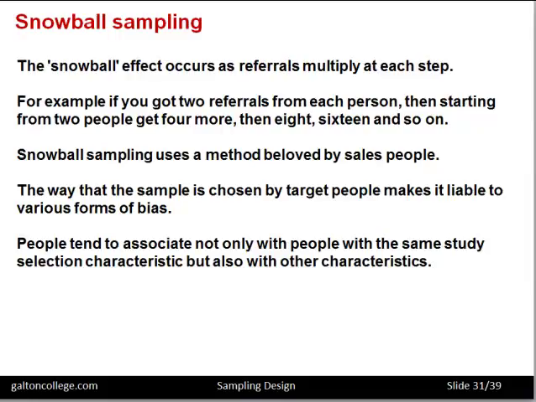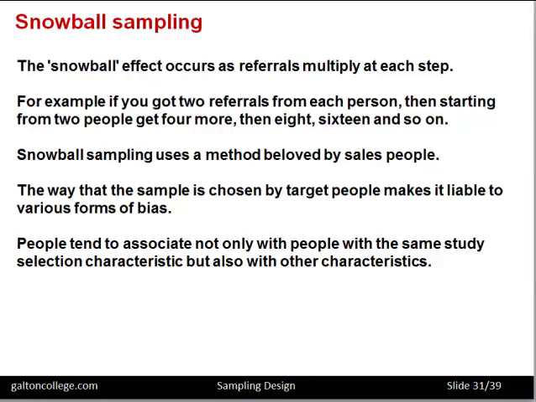People tend to associate not only with people with the same study selection characteristics, but also with other characteristics. It's possible that as the referrals go on, people's characteristics vary. My friends' friends are not necessarily my friends.